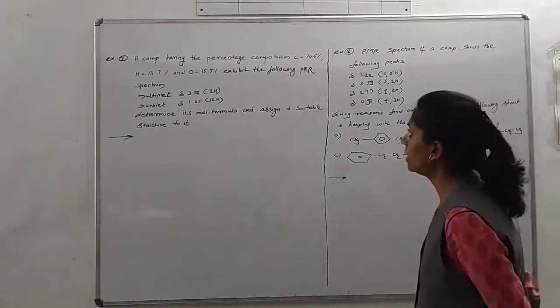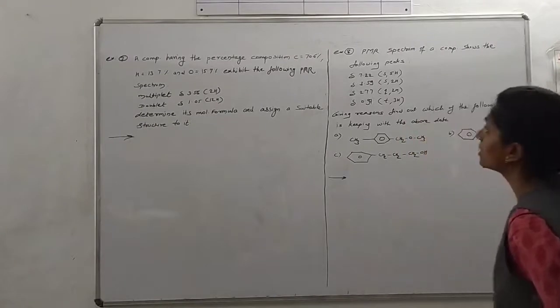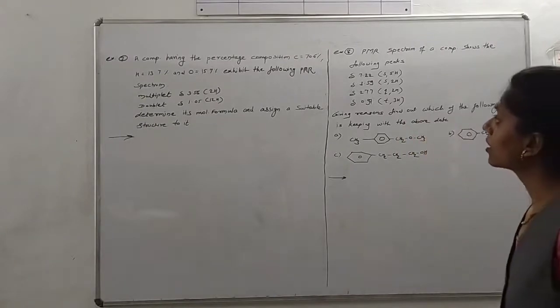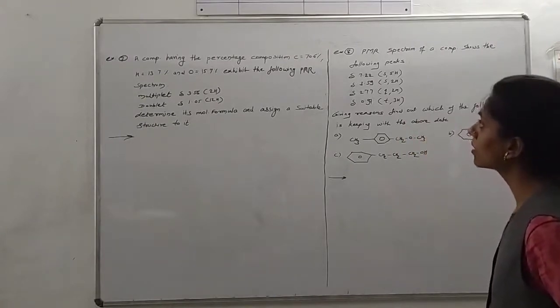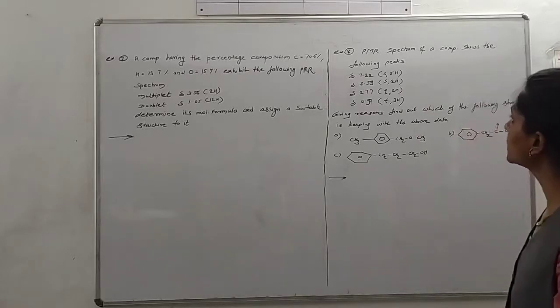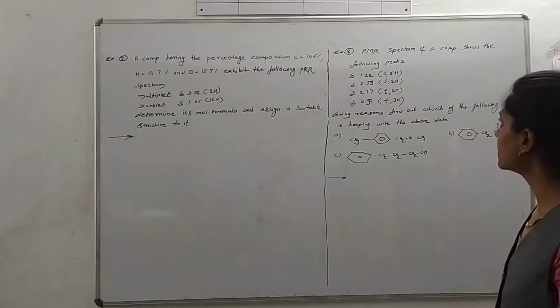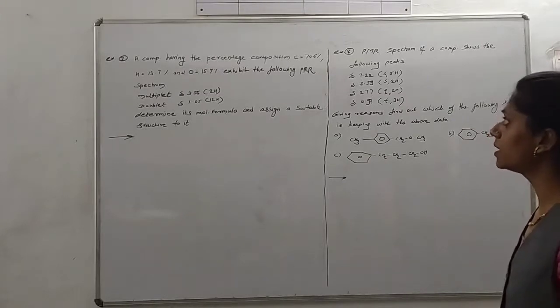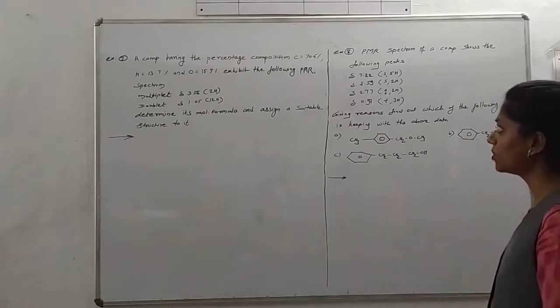This is an example in which the percentage is given. The example is a compound having a percentage composition: carbon 70.6%, hydrogen 13.7%, oxygen 15.7%.